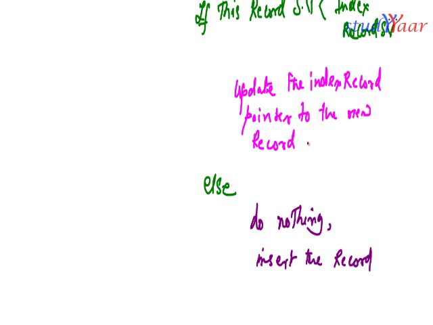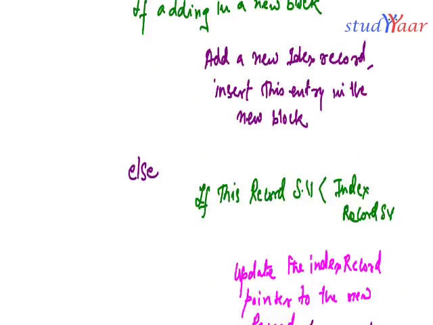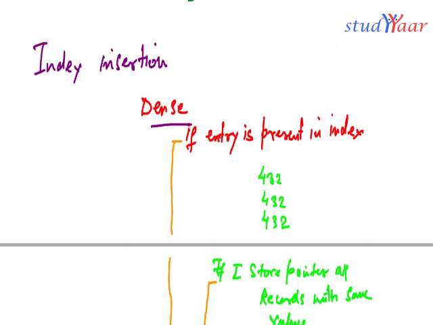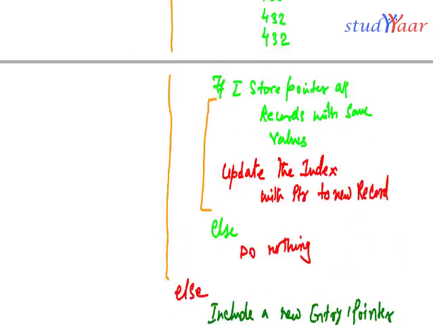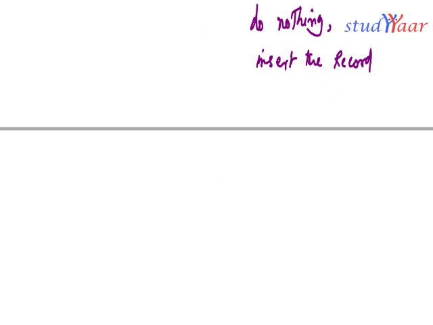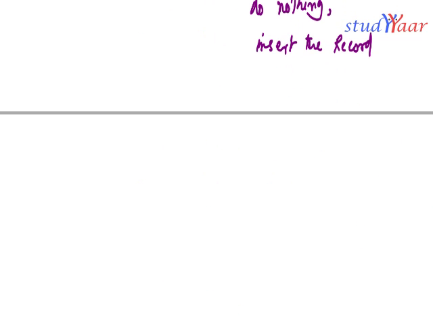Okay, we would insert the record here as well. Obviously, the record has to be inserted anyway. We are currently concentrating on what we are going to do with the index entry. Okay, so that was about how to insert a new record. How does it affect an index?